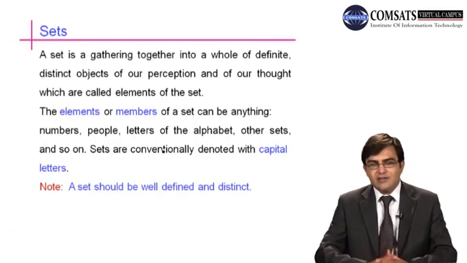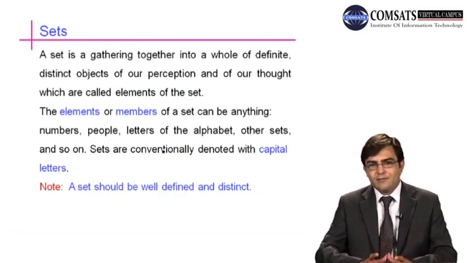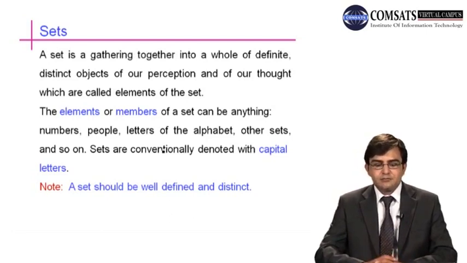A set is basically a collection of objects. The objects must be defined and distinct. The elements of a set are usually called members or elements. Sets can be of anything, for example numbers, people, letters, alphabet letters, and many other things.